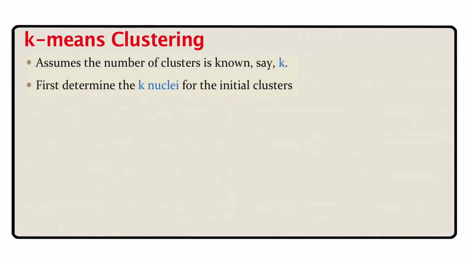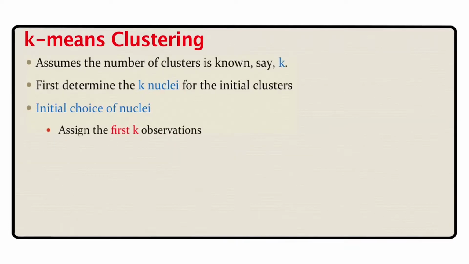So we first need to define these clusters. So how do you define the clusters? We need to have a cluster center. We'll call this the k nuclei of the initial clusters. Now how do you choose this k nuclei of the initial clusters? So suppose we have n observations or members who we need to cluster.